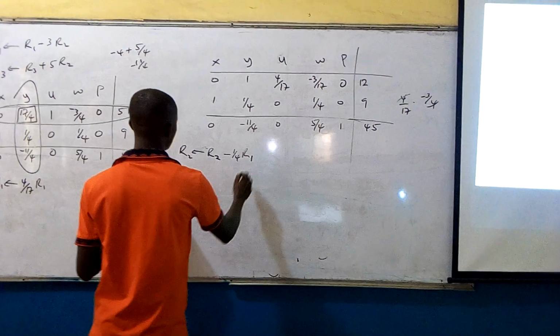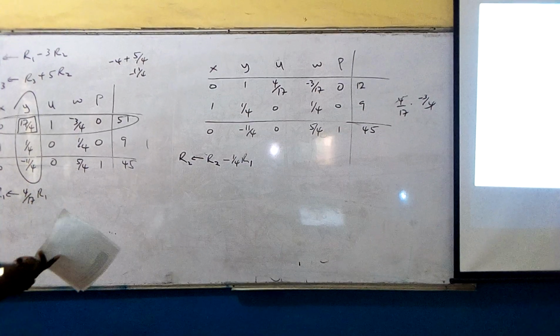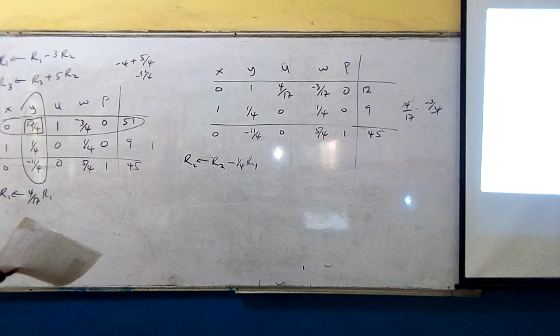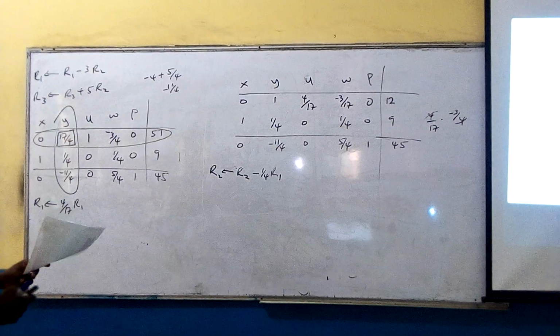So you are making the 1 over 4 into 0, but that 1 over 4 is on R2.